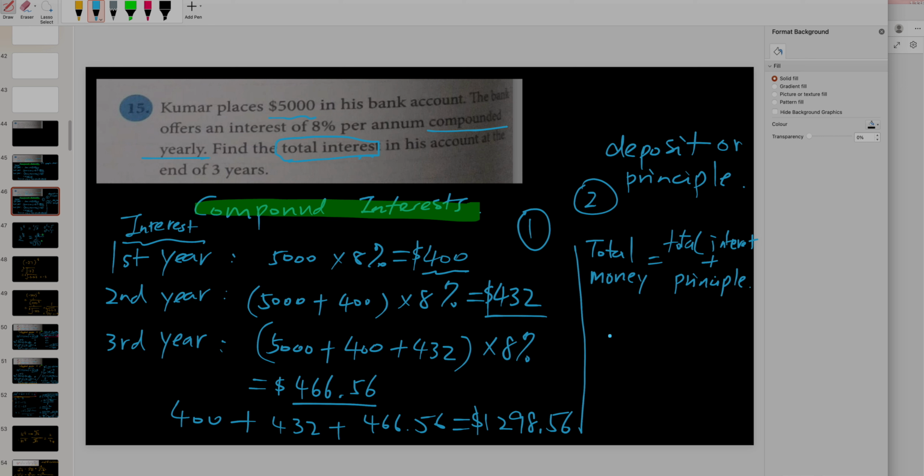So how do you get the total money? There is a formula. You use the principal, you times 1 plus the interest rate. So the interest rate is called R, to the number of years power. In this case, number of years is N. Okay? So the formula is total money.